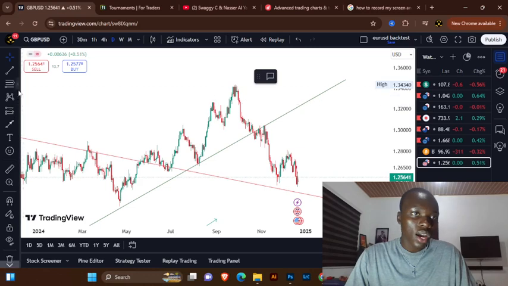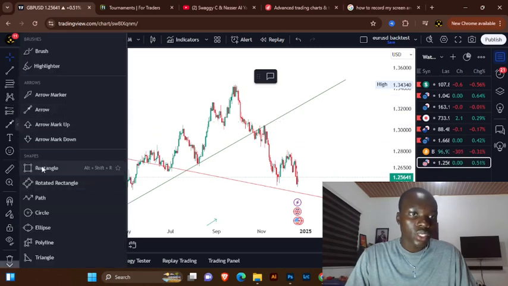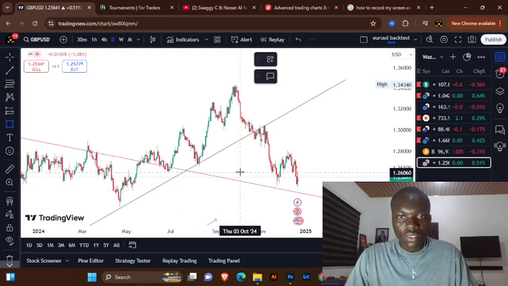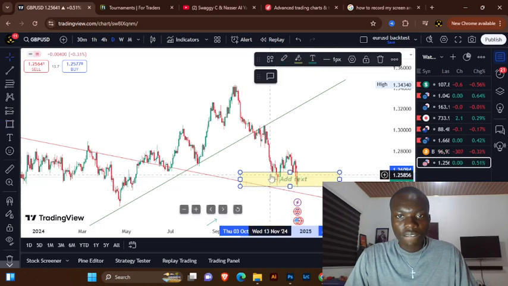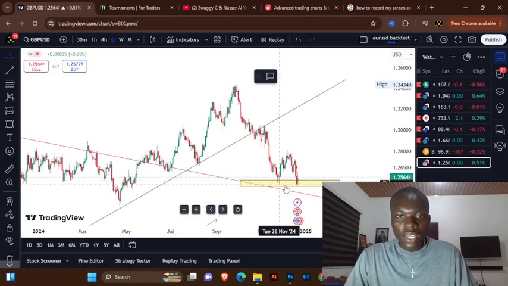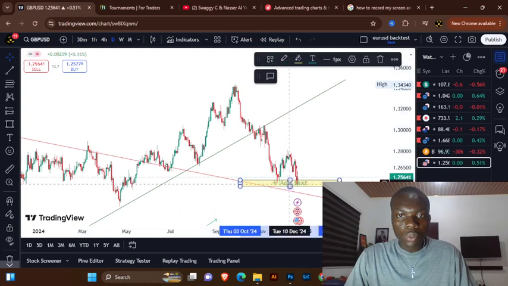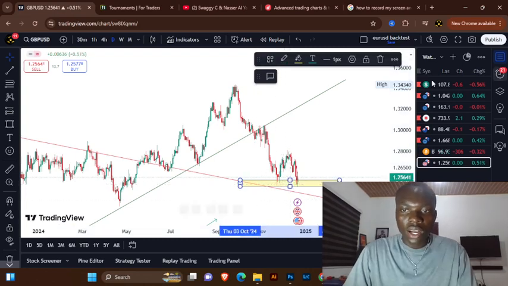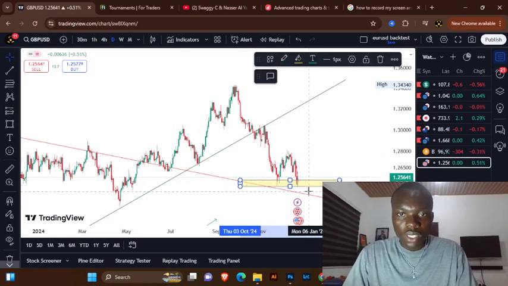So this zone, I'm going to write as a retest zone. This is a retest zone. And on this retest zone, you saw what happened. The price on the GBP formed a double bottom.